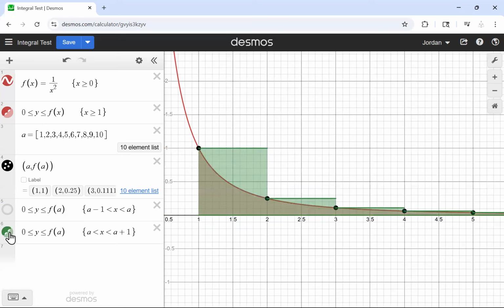With the other way I draw it, you can see that if the integration is infinite, since the green rectangles are going to have more area, then the integration being infinite is going to force the summation of the green rectangles to be infinite.